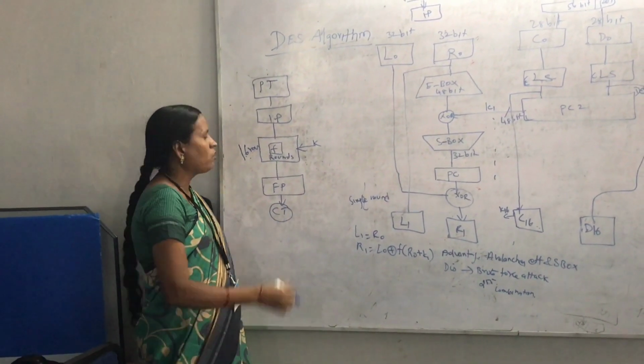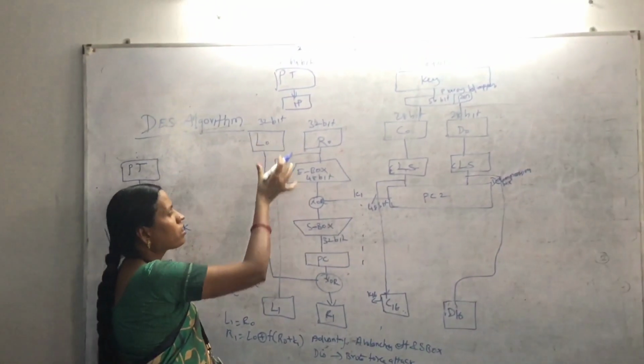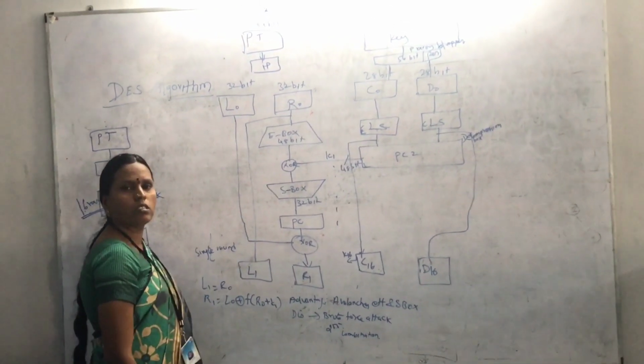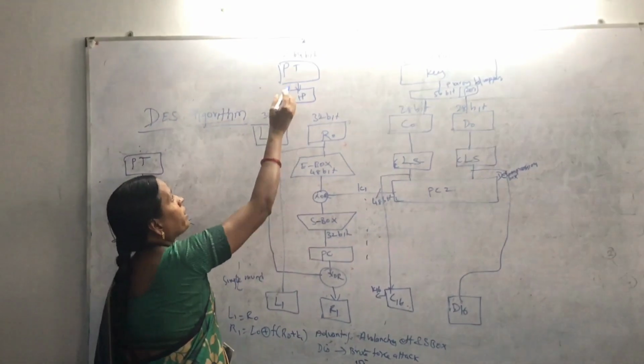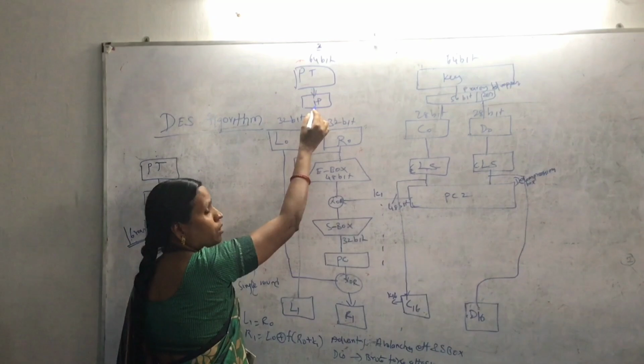Now let us see how each round is performed. First we will see a single round, and then the same single round is performed for all 16 rounds. First we take the 64-bit plain text. Then we apply the initial permutation.